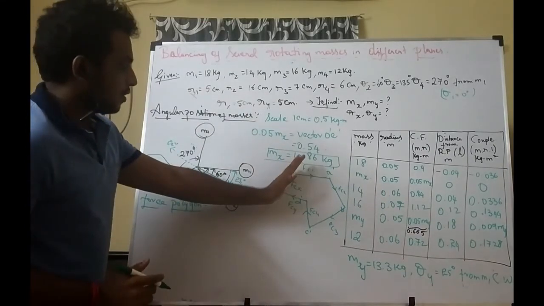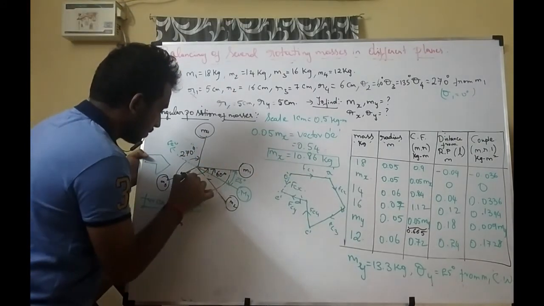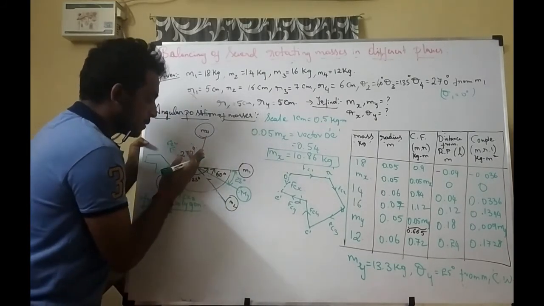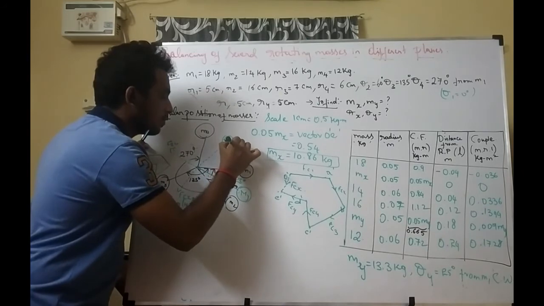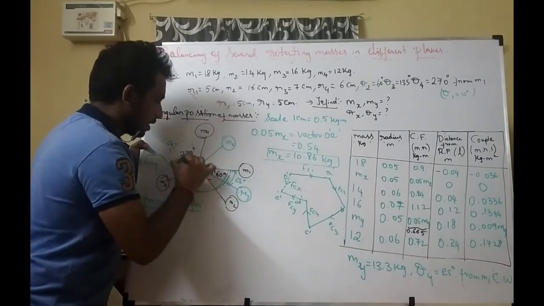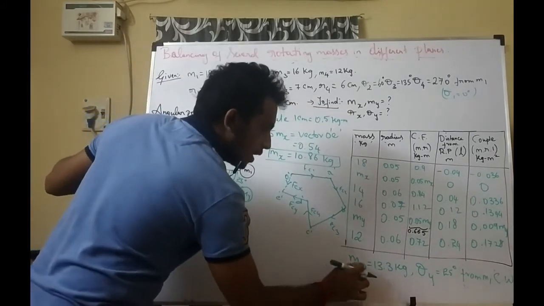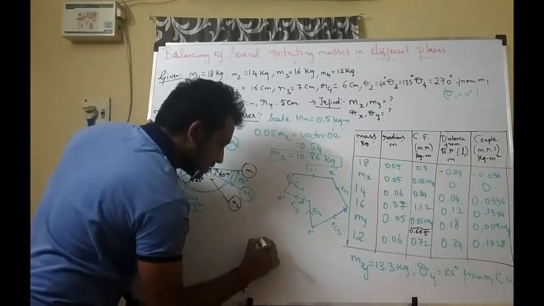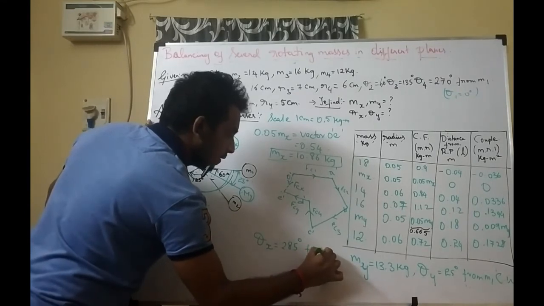Since the resultant force vector is in the downward direction, we draw it parallelly, that is FC X of R. Exactly opposite, along the line of action, we have the mass mx, which is located, measured from m1 in the clockwise direction, at 285 degrees. So we have determined my is equal to 13.3 kg, theta y is equal to 25 degrees from m1 clockwise, and mx is equal to 10.86 kg and theta x is equal to 285 degrees from m1 clockwise.